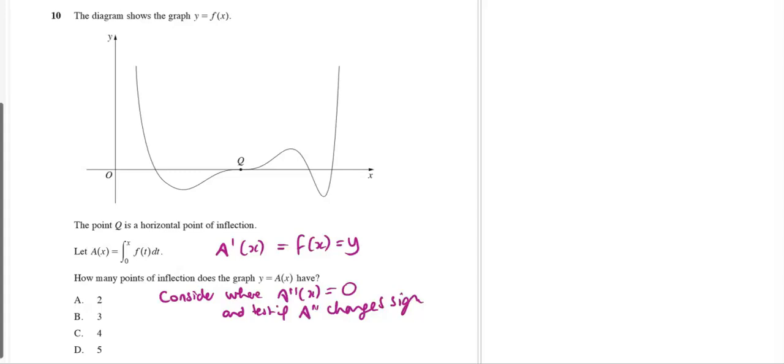So let's have a look at that. We can see that we go from negative to positive here. We can see that we go from positive to negative here, and we can see that we go from negative to positive here. So the answer is B. There are 3.